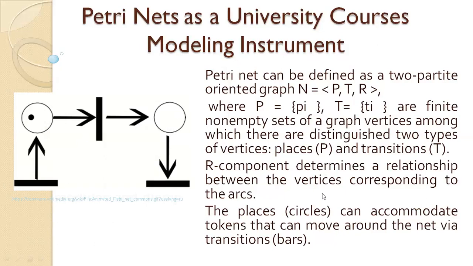Places usually represent states and conditions, and transitions usually represent events. Also, there are some tokens moving around the places. Places can accommodate tokens, and moving the tokens around the net can simulate the process in progress. Our component determines a relationship between the vertices corresponding to the arcs.